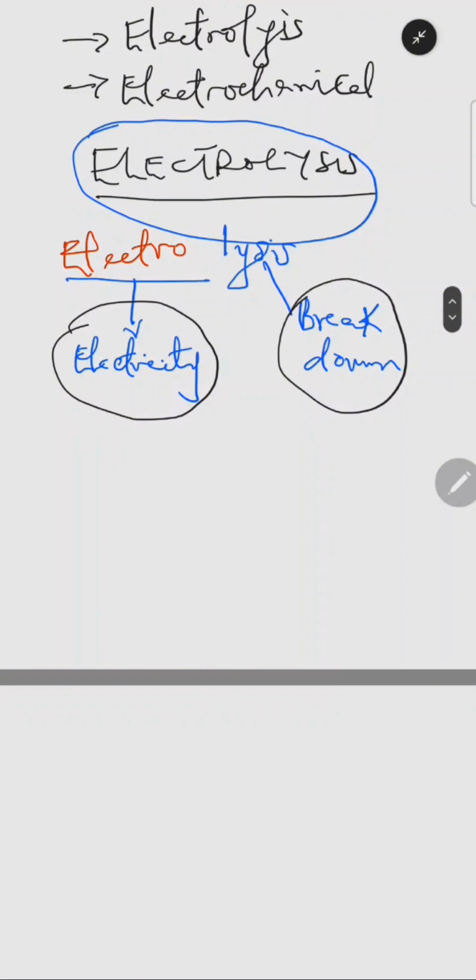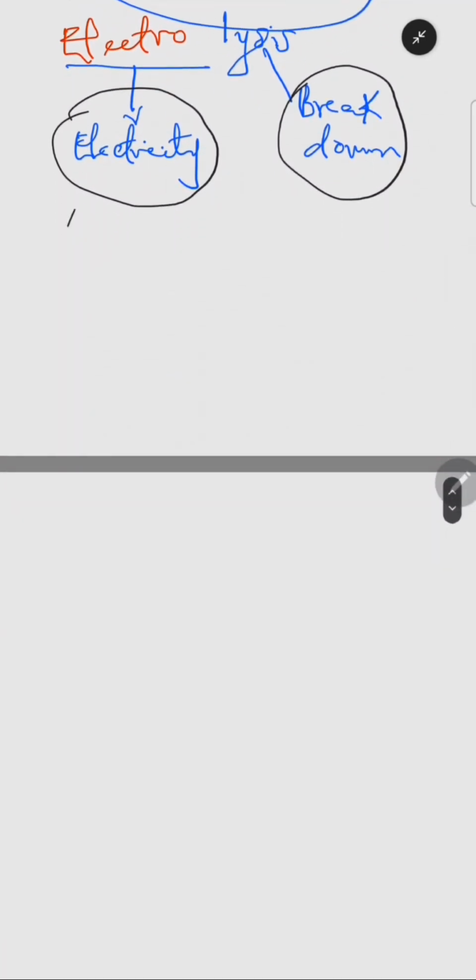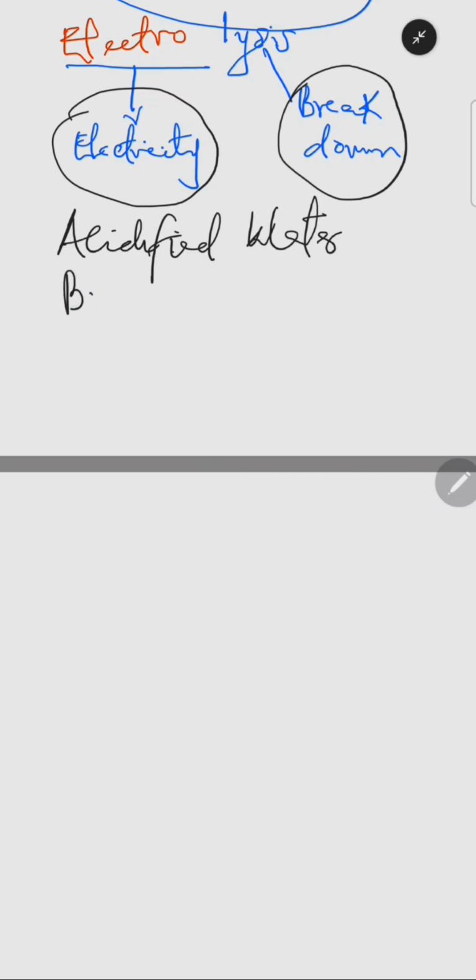We have different types of electrolysis, of so many substances. Examples are electrolysis of acidified water, electrolysis of brine, which is that of sodium chloride, that of copper sulfate, and so on and so forth.